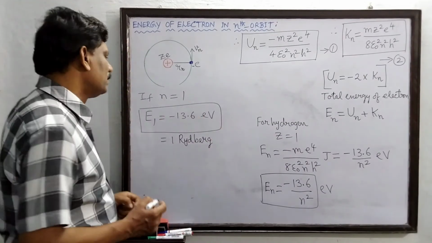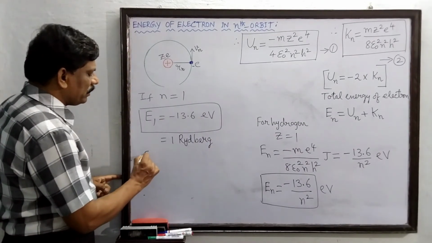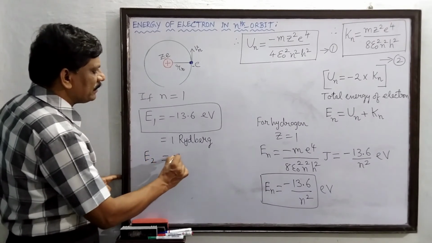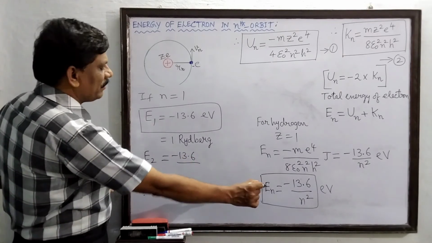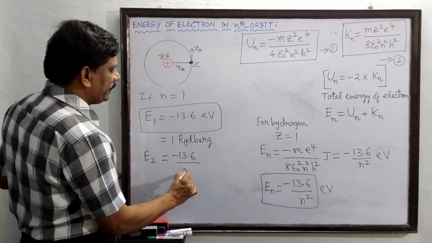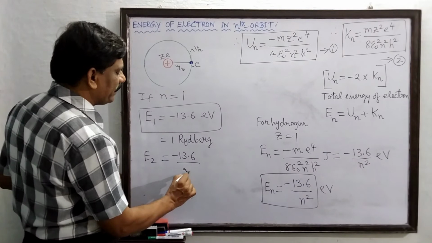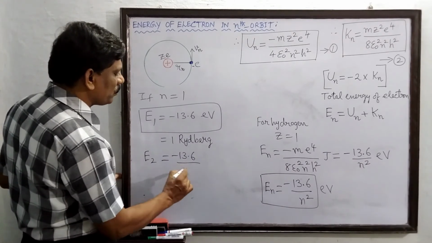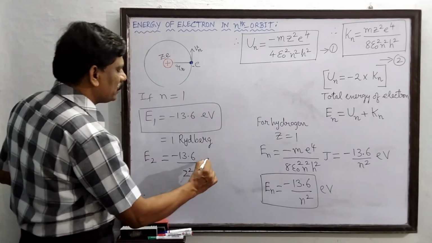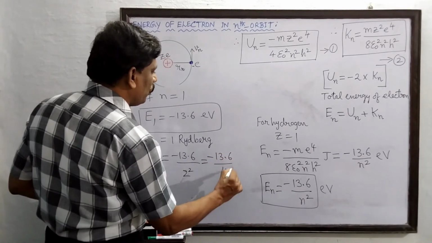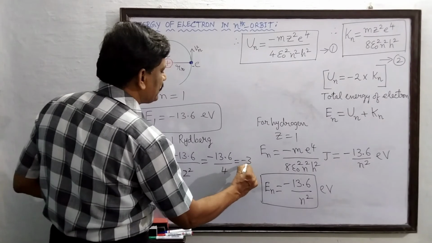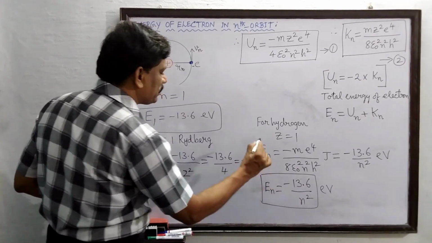Similarly, if you want to find E2, this is minus 13.6 divided by, instead of n square, 2 square. So this is equal to minus 13.6 divided by 4, which is minus 3.4 electron volt.